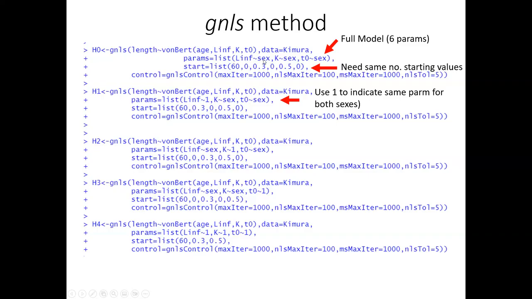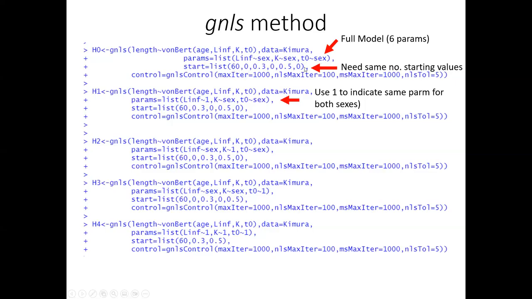So in this case, there's a tilde that goes after the parameter. If you want to estimate L infinity for both sexes, then it's L infinity tilde and the sex variable. In this case, this is the full model with 6 parameters, so we're having this categorical variable indication here as before.